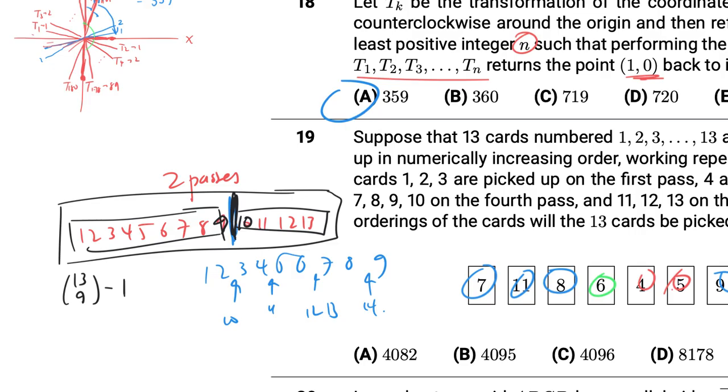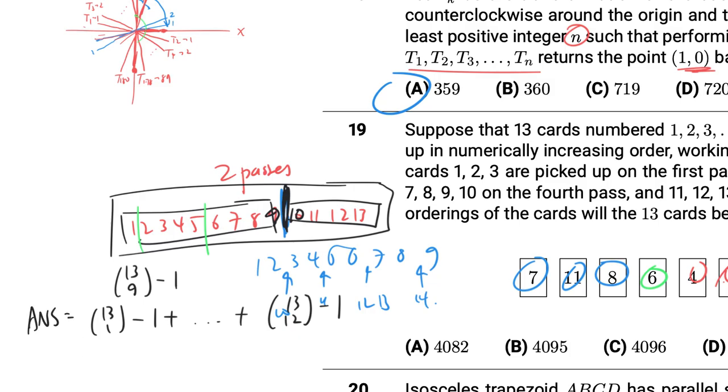And so basically this reasoning could work for any cut. So you can cut anywhere you want. So starting from 13 choose 1, you can go all the way to 13 choose 12. And this is essentially our answer.